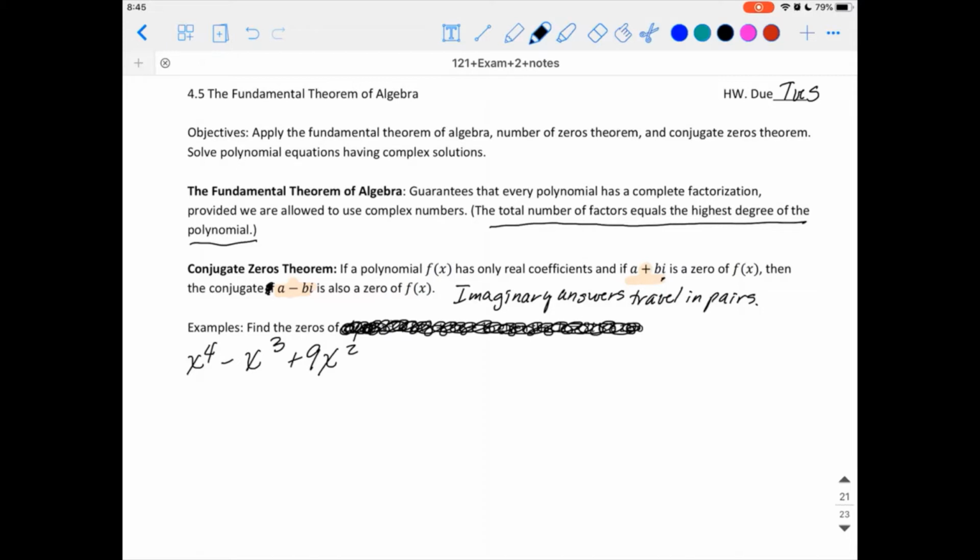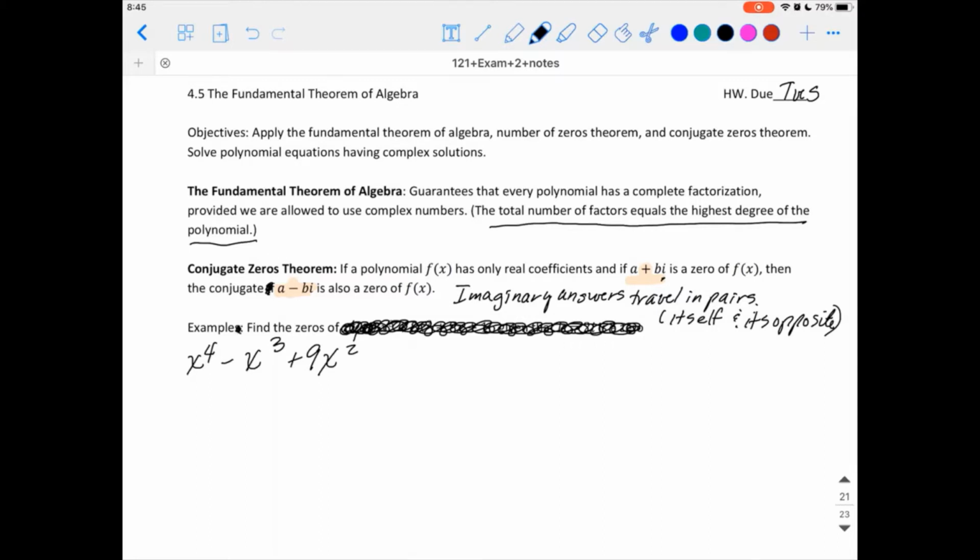So they travel in pairs. Itself and its opposite.